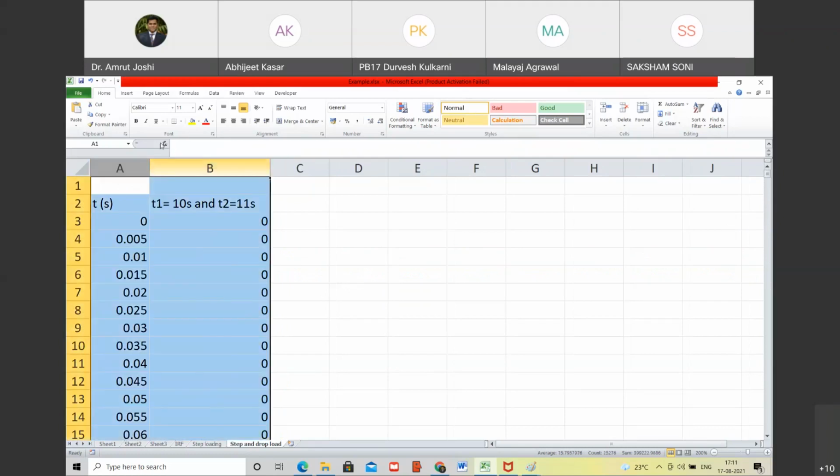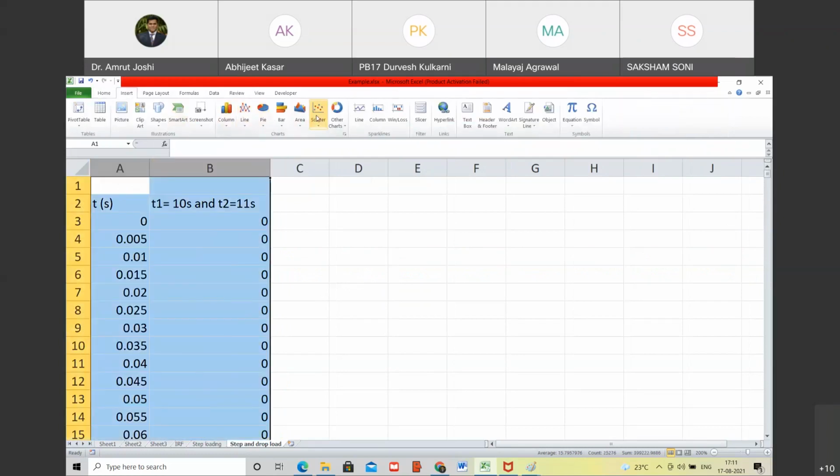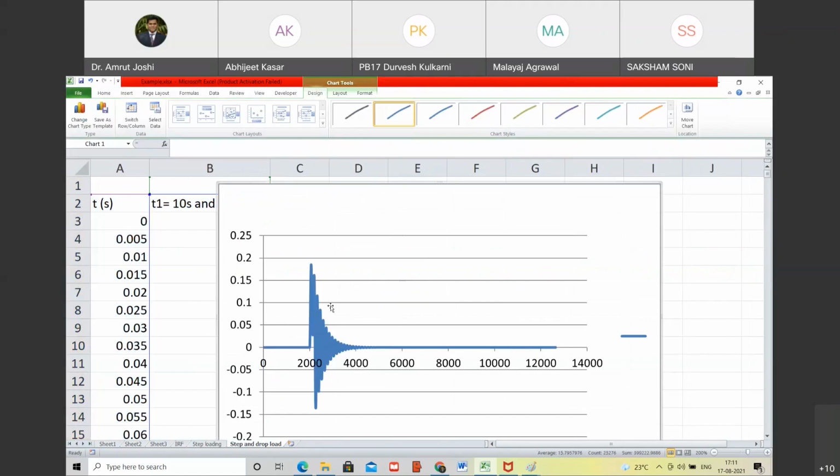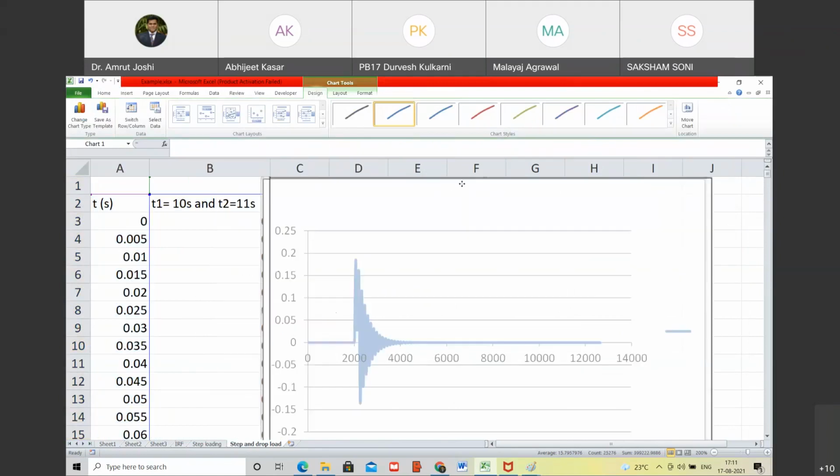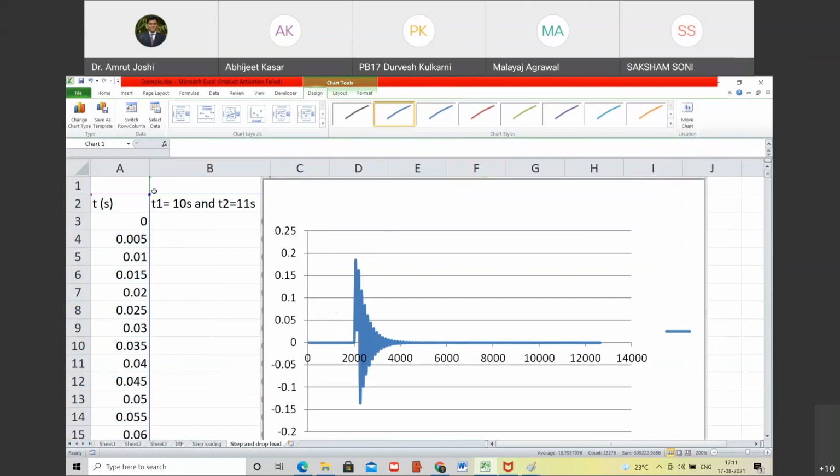So let me plot it. So insert a scatter. Just give me a second.